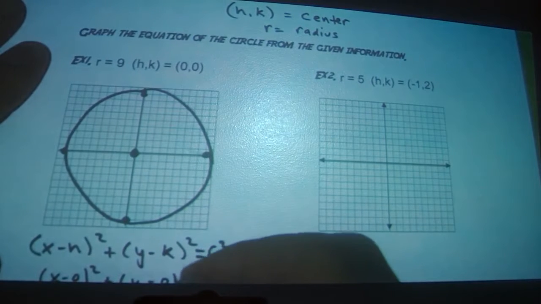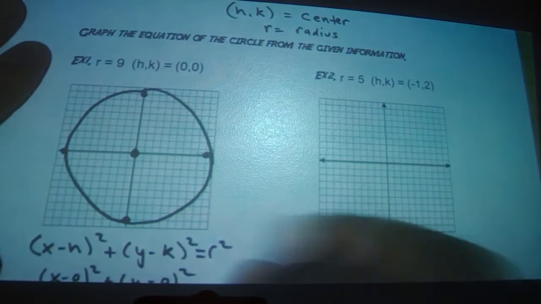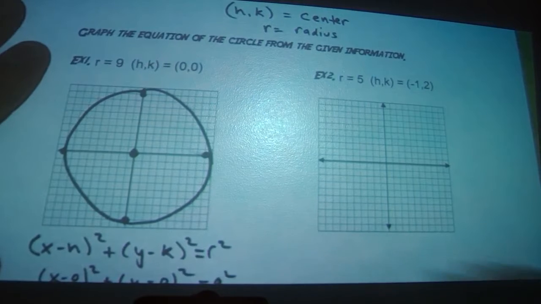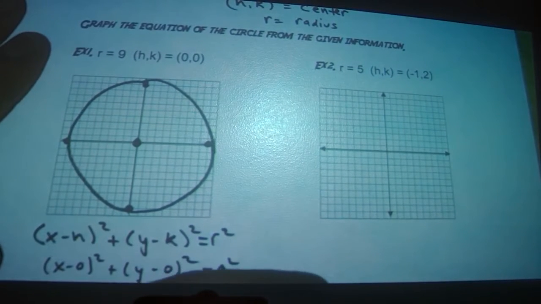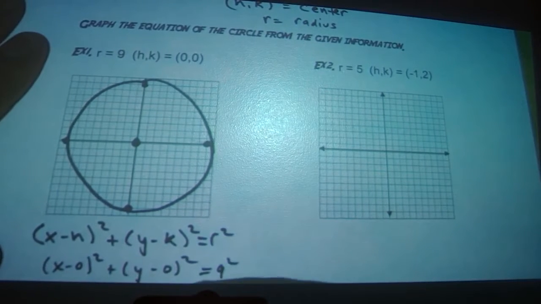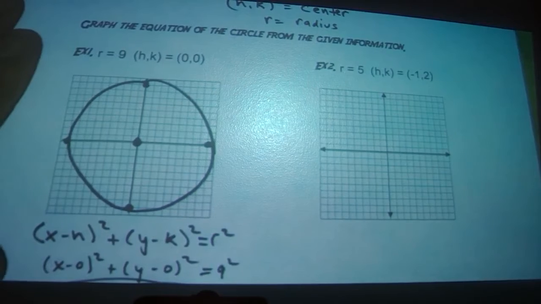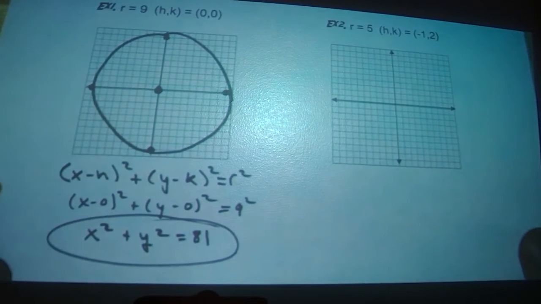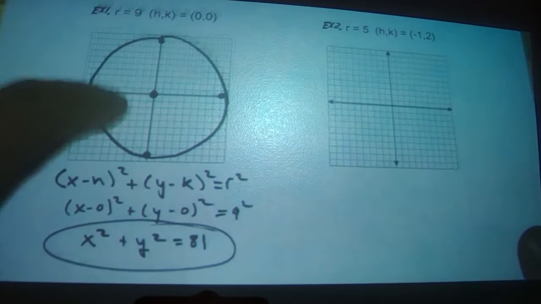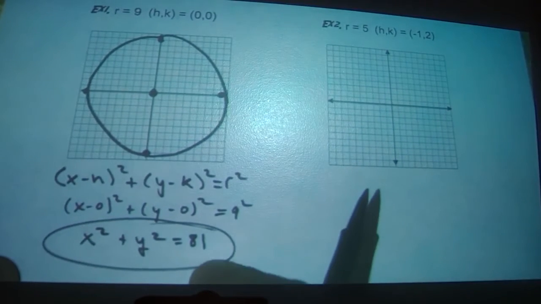Again, I'm showing a lot of work. y minus 0 squared equals 9 squared. If you want to jump right to this, x squared plus y squared, perfect, and that equals 9 squared, which is 81. Okay? So the final answer is x squared plus y squared equals 81 for this circle. Again, this is standard form.